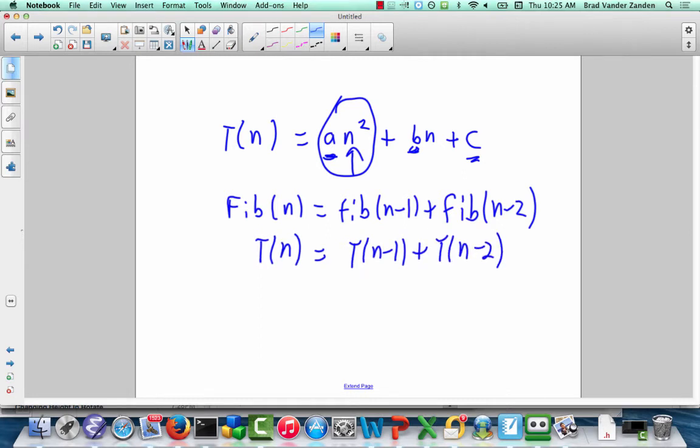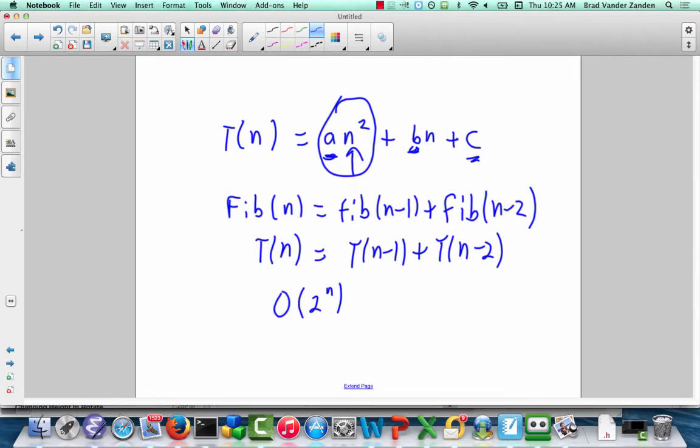Okay, but it turns out that that one is exponential, that running time. I forget exactly what it is. Shoot, I saw it the other day. But it's exponential, I know that. So it's on the order of 2 to the n. It's actually worse than that. But that's a horrible one.